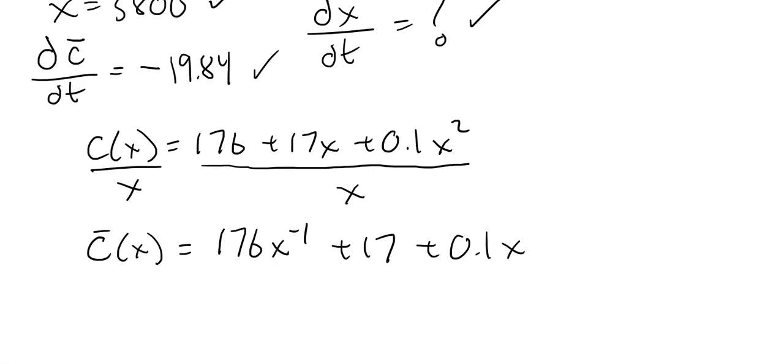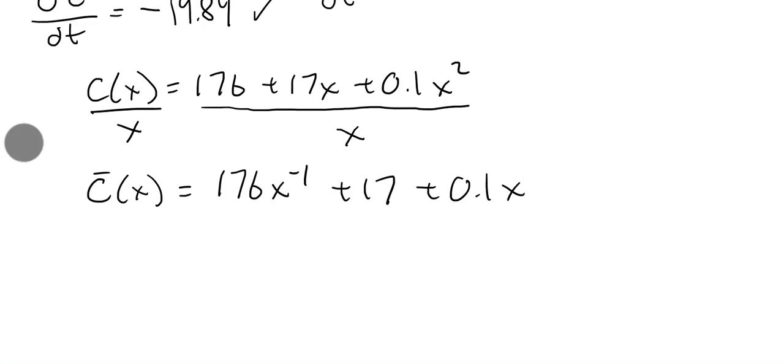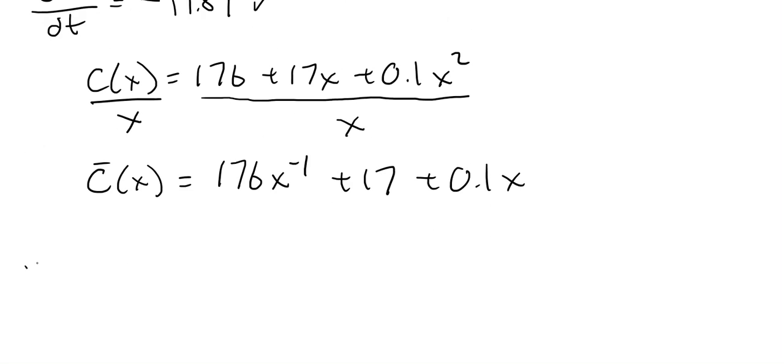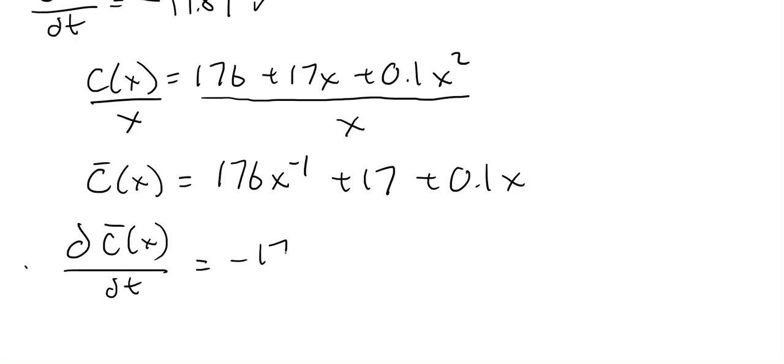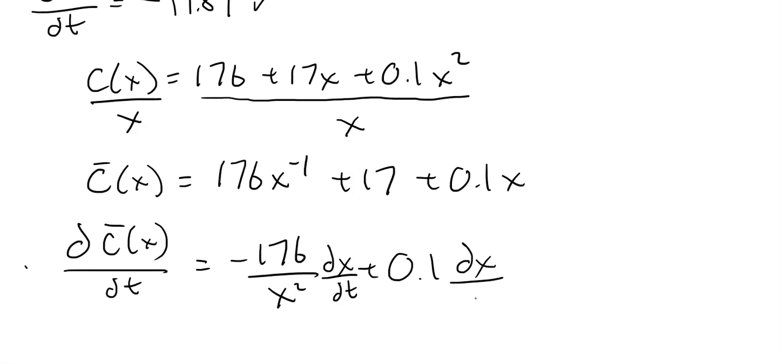Now let's find the derivative of this function implicitly. So the derivative of c bar of x is 1 times d c bar of x with respect to time. And this would be negative 176x to the negative 2, or over x squared. Derivative of 17 becomes 0, and 0.1 times dx/dt.